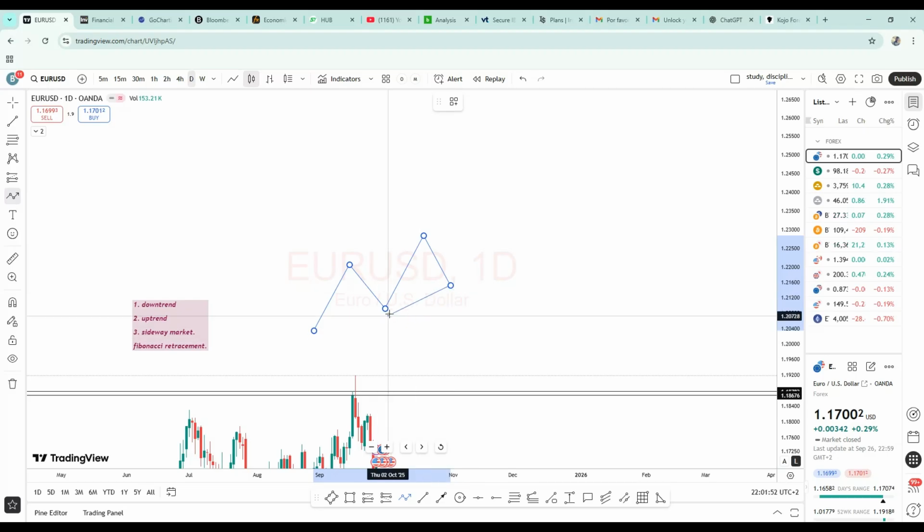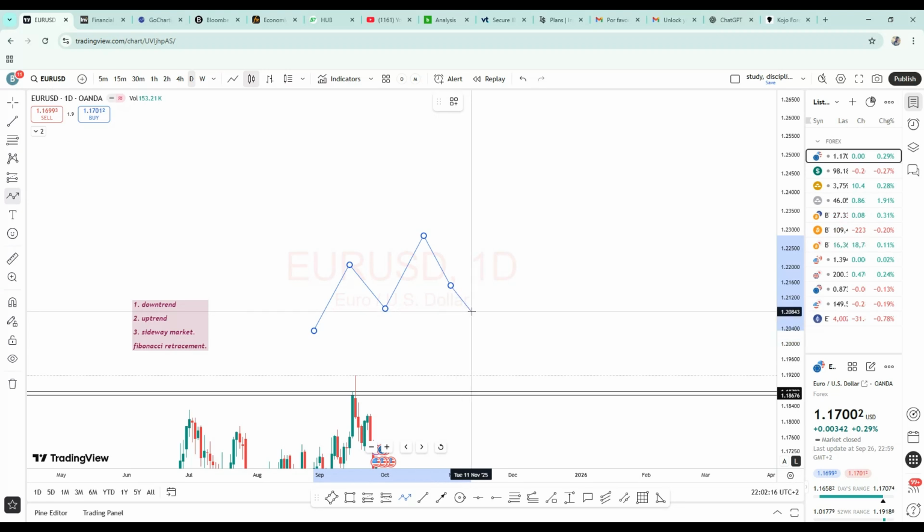So this is going to give you a hint that you are in an uptrend. The minimum you need is three lows or three highs, or it can be three highs and then three lows. It's the same thing, as long as the lows are not at the same level, and this low is not lower than this previous low. That is going to tell you that that is your uptrend.